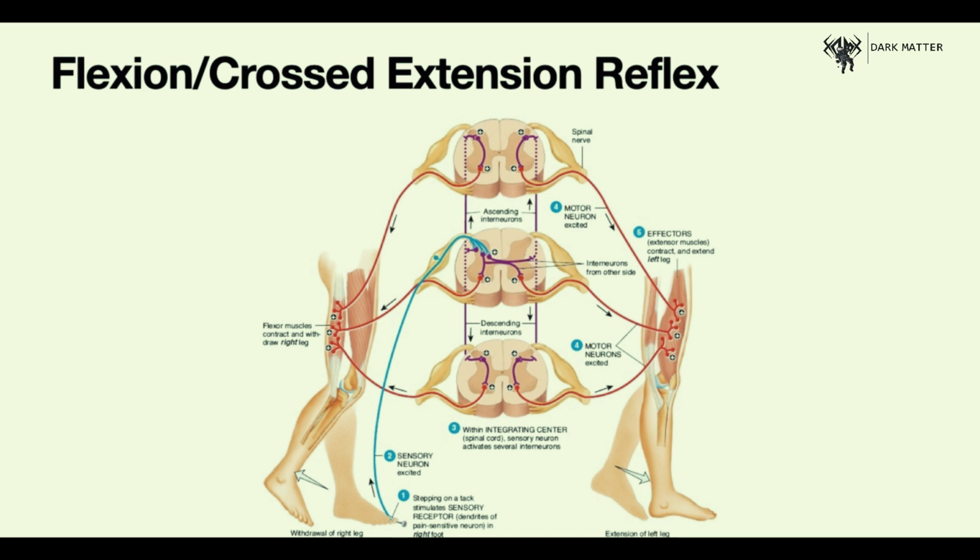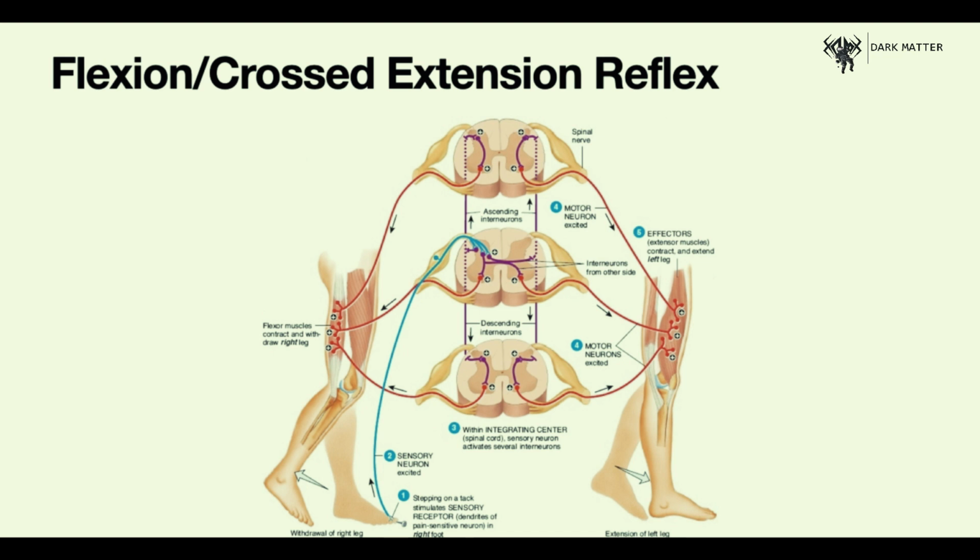So this reflex is called the flexion cross extension reflex, and it's really important for maintaining proper balance during walking, for example, but also for dangerous situations like we see in the diagram, which is when we have to react quickly when we step on something sharp. So as you can see, the circuit is completely within the spinal cord. So it is a really rapid reflex, since it does not require the brain to process any of this information.